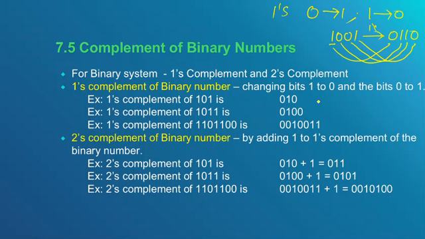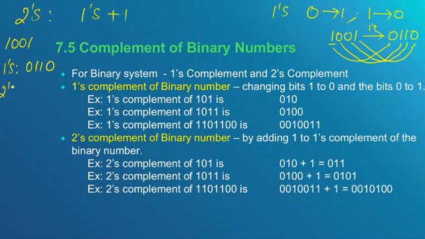Now what is 2's complement, sir? For any number, convert that number into its 1's complement and add 1 to it. Just adding 1 to the 1's complement of the number. For example, if I take 1001, then the 1's complement is 0110.